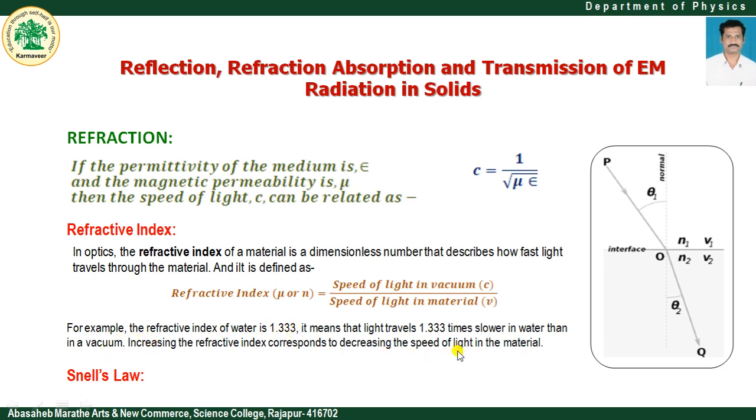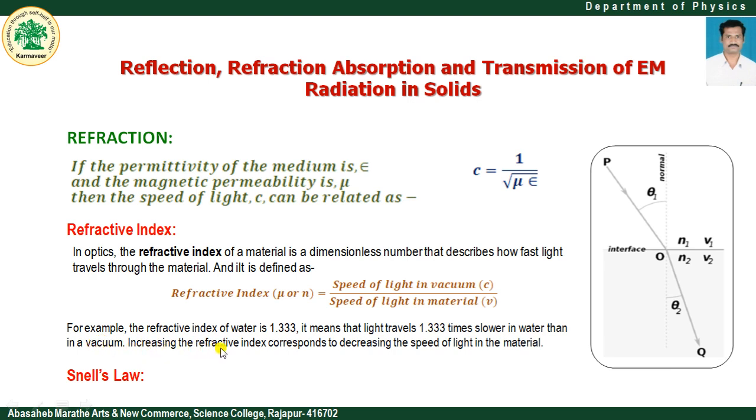In vacuum, the speed of light is equal to c. But when it is traveling through water, the speed of that light decreases. So the light travels 1.333 times slower in water than in a vacuum.